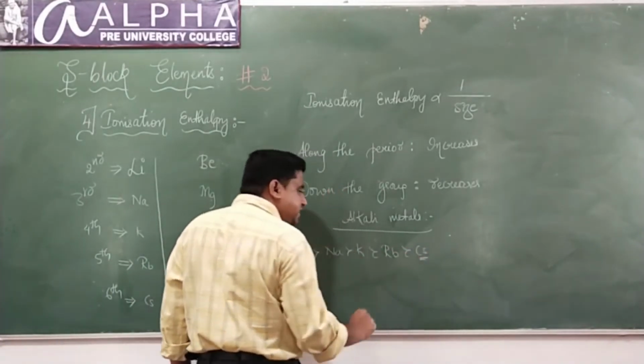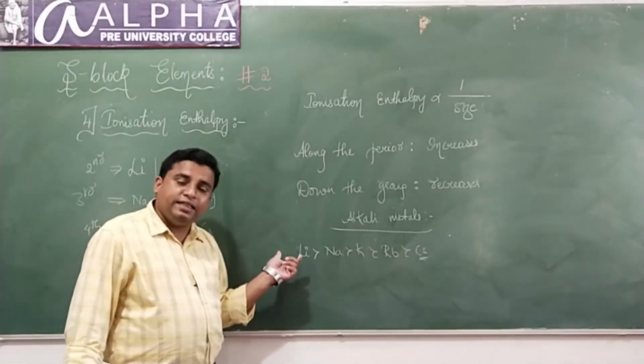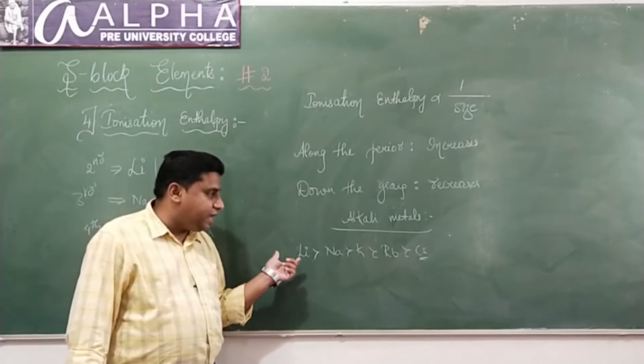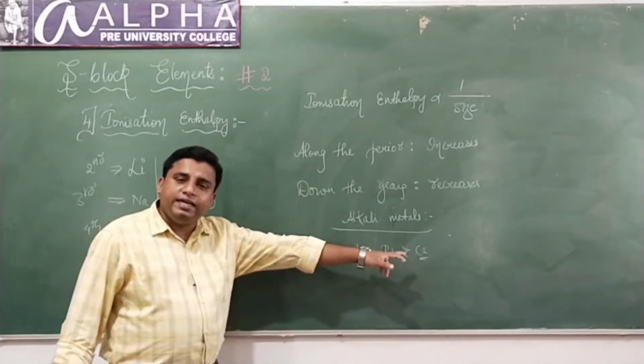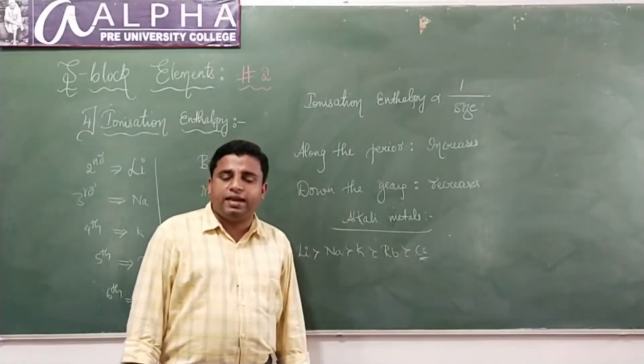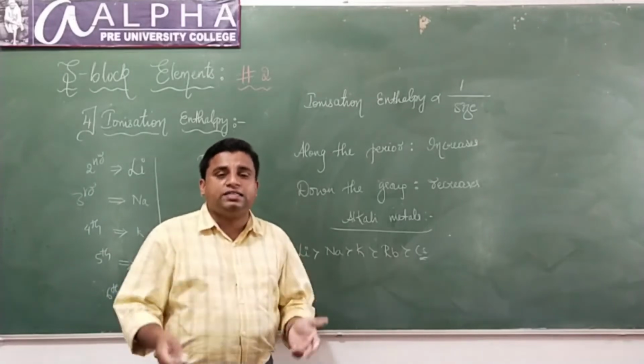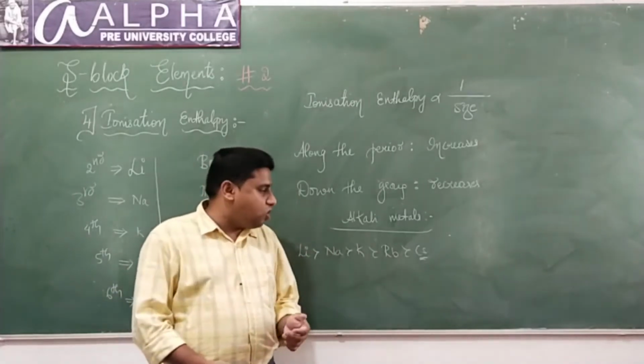Cesium has the least ionization enthalpy. Among alkali metals, lithium has the highest and cesium the least. Since cesium has the least ionization enthalpy, it will easily release its outermost electron.